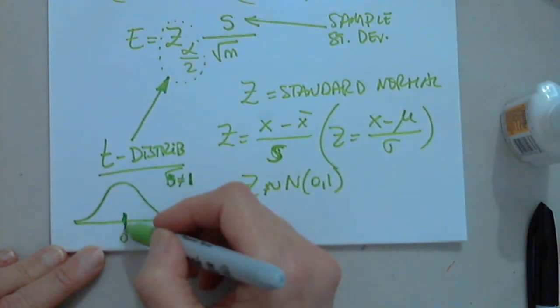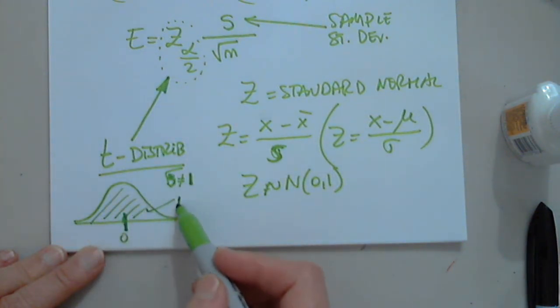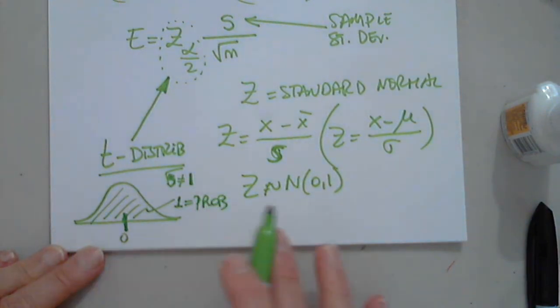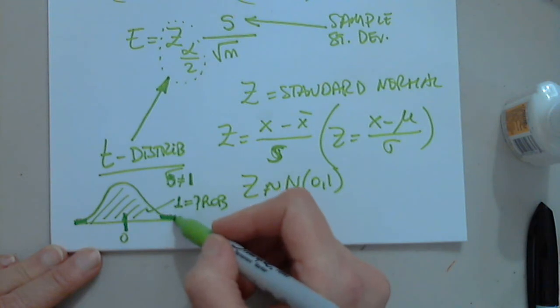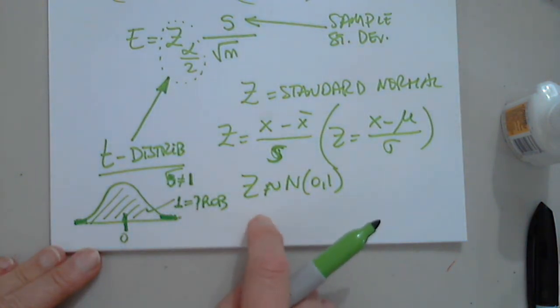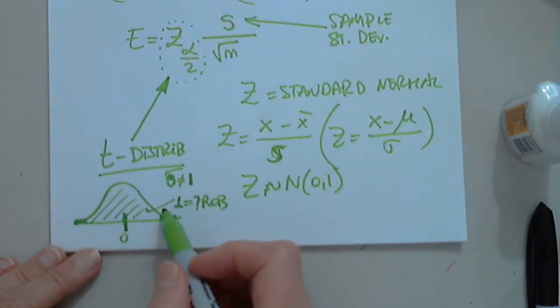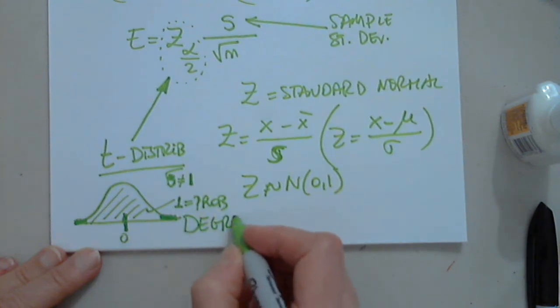It's still centered at 0. The area underneath it has to be 1 because it's the probability. Maximum 1. It has a little bit wider tails than the z distribution. Still symmetric. However, it depends. It has a slightly different shape for different degrees of freedom.